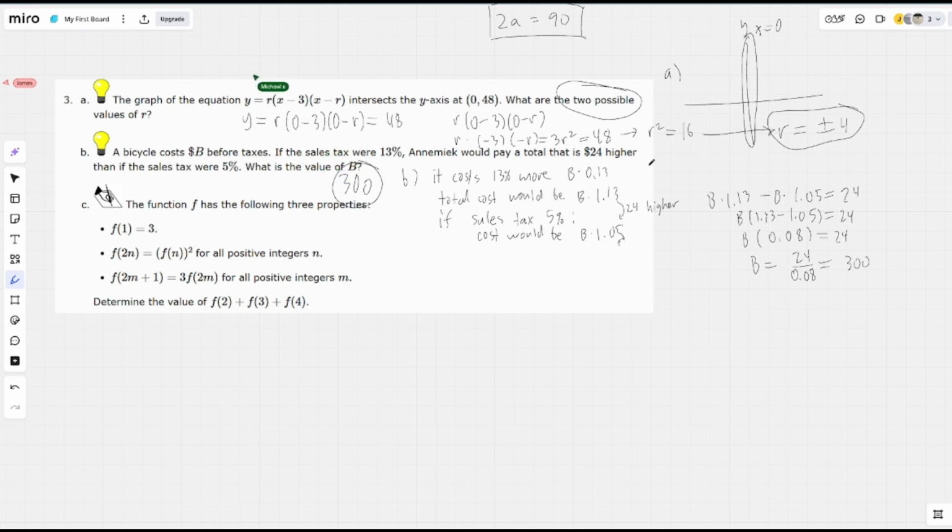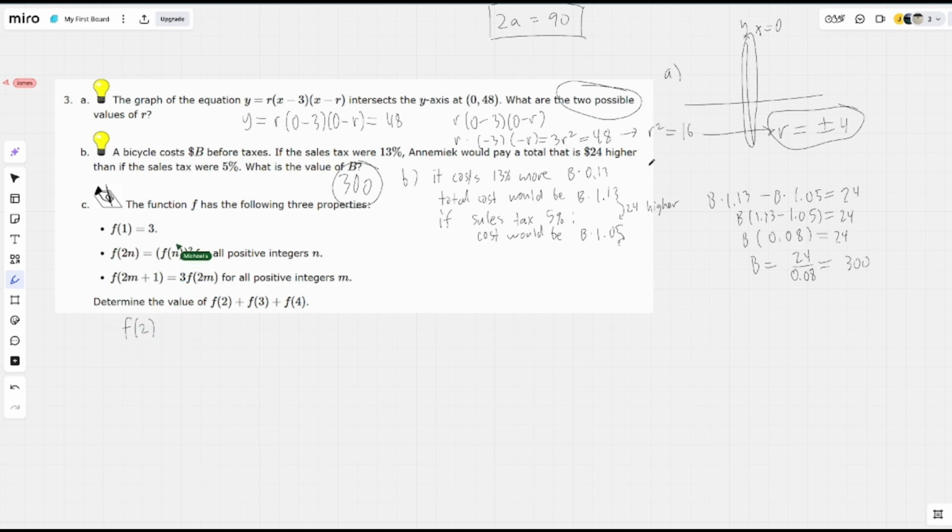So now we can proceed to part C. We have this function and we have some properties about this function. So we can do a table of values, right? We can procedurally find f of 2, f of 3, and f of 4. So first we can start by finding f of 2.